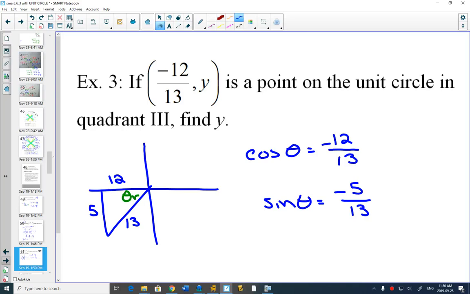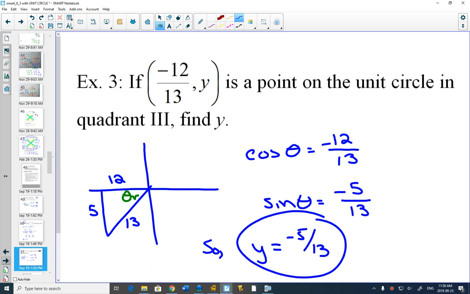Yes. So y equals... The question said find y. We found sine theta. In our brains, sine theta equals y, but just because it's in our brains, we still need to clarify it on the question, that we understand that sine is y, so y is negative 5 over 13.